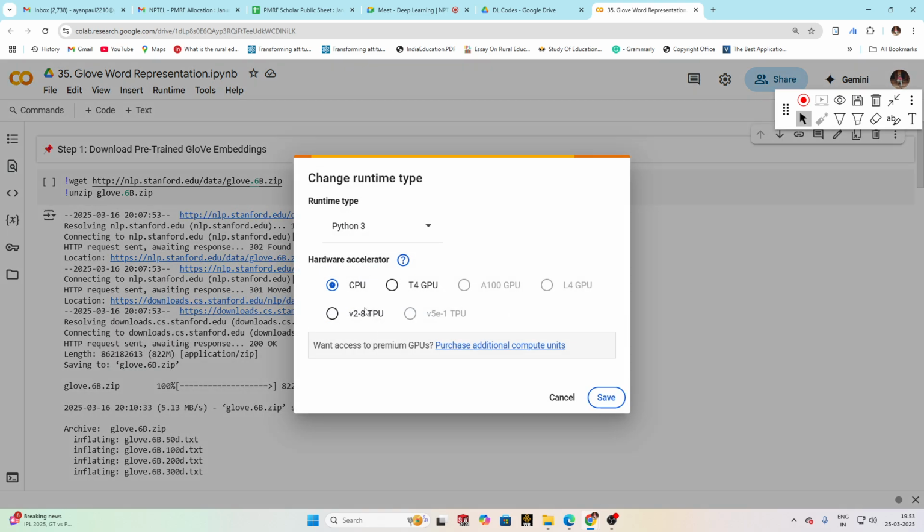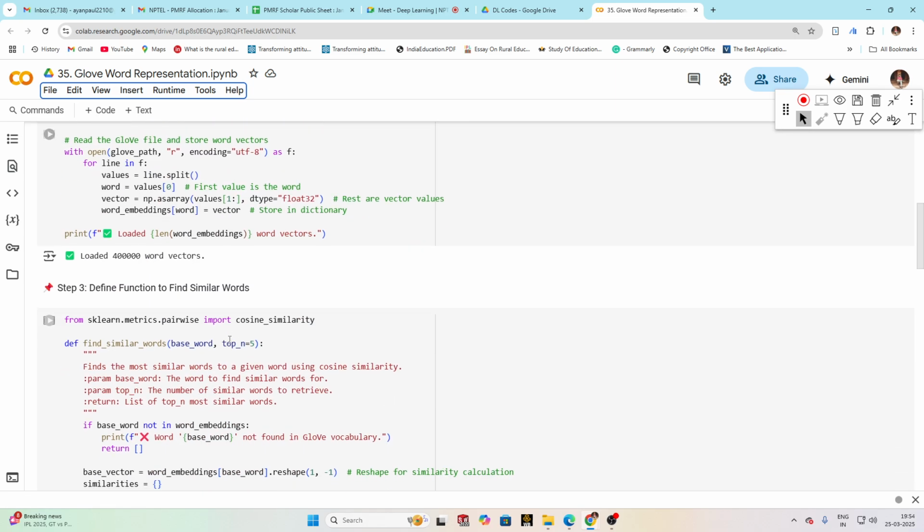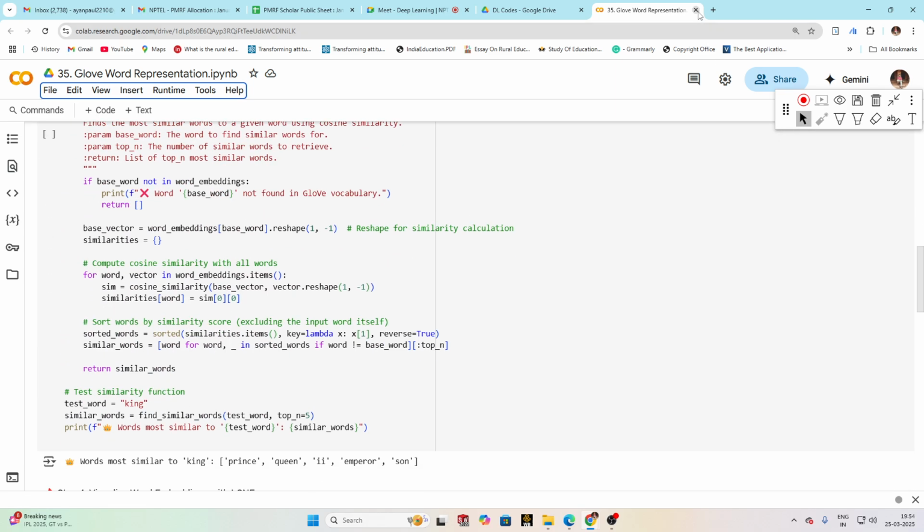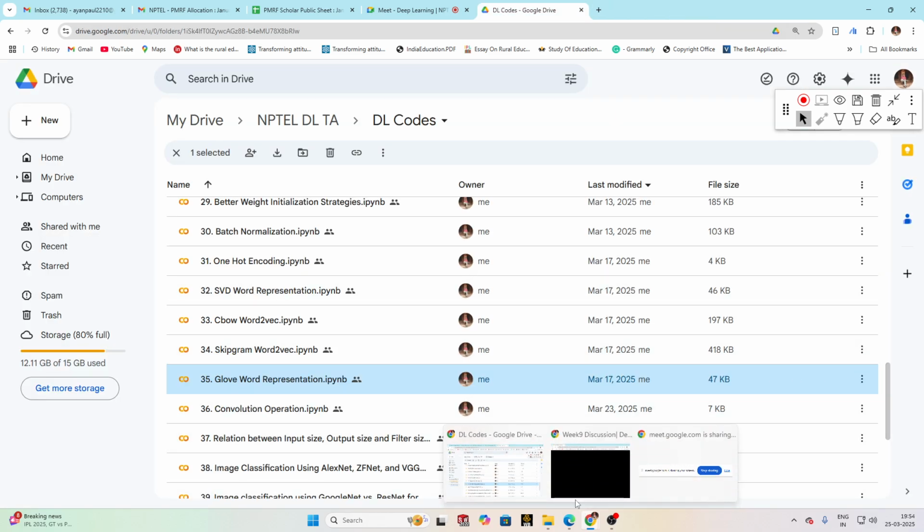Sometimes the CPU is actually slower, so you can change your runtime to GPU, and whenever your model utilizes the GPU, your code will run faster. So open the code, copy it to your drive, change the runtime to GPU, and then run your code.